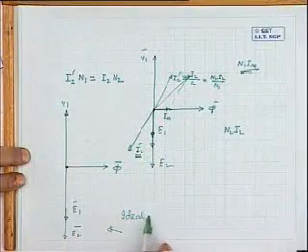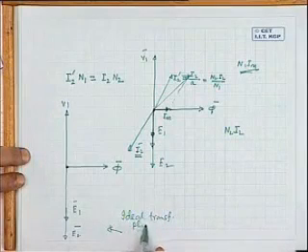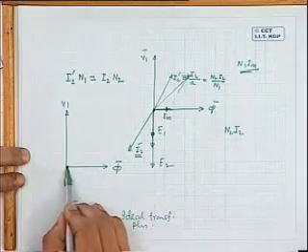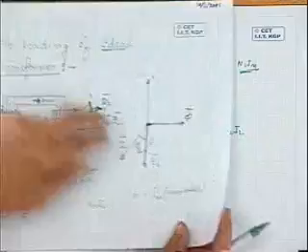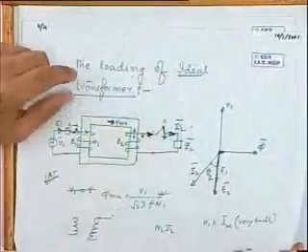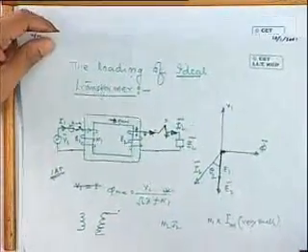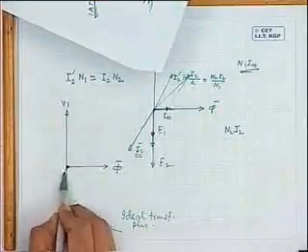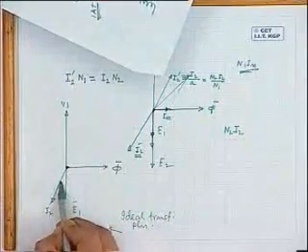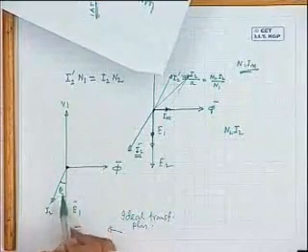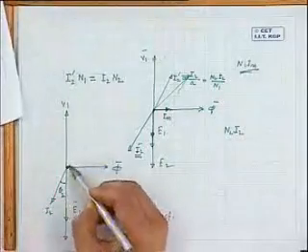This is the ideal transformer phasor diagram, no load condition. IM is 0. Now you load the secondary, that is, you close this switch in this ideal transformer. So on the secondary side there will be a current I2 at a power factor angle theta 2.